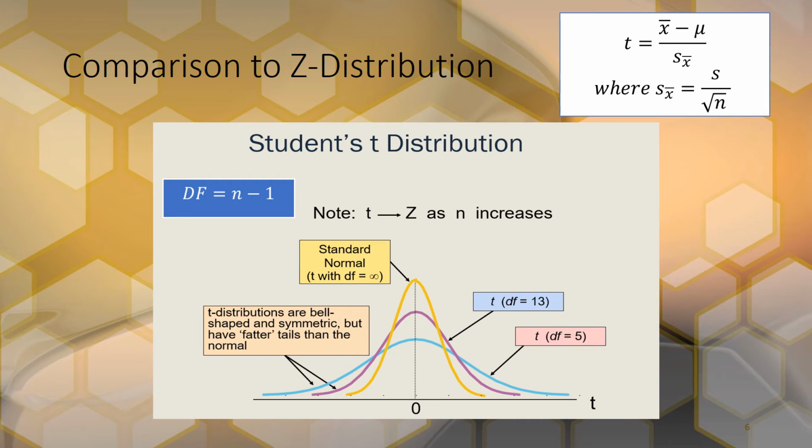The purple is a t-distribution with degrees of freedom 5, and it has slightly smaller tails. And then the yellow is actually a z-distribution, and if we had really high degrees of freedom for a t-distribution, then that t-distribution would look really similar to the z-distribution. So the higher that your n is, the higher your degrees of freedom are, and the more the t-distribution looks like a z-distribution.